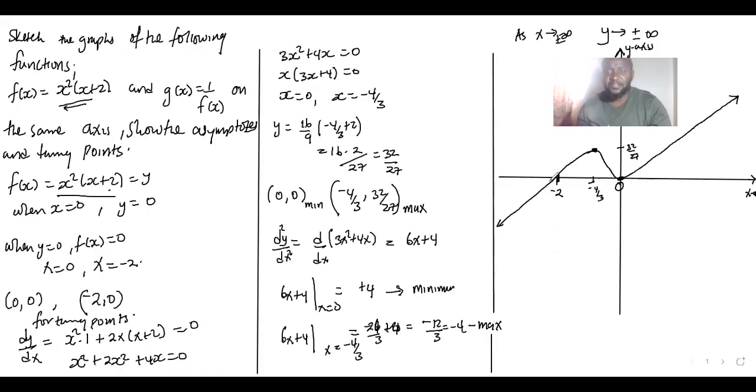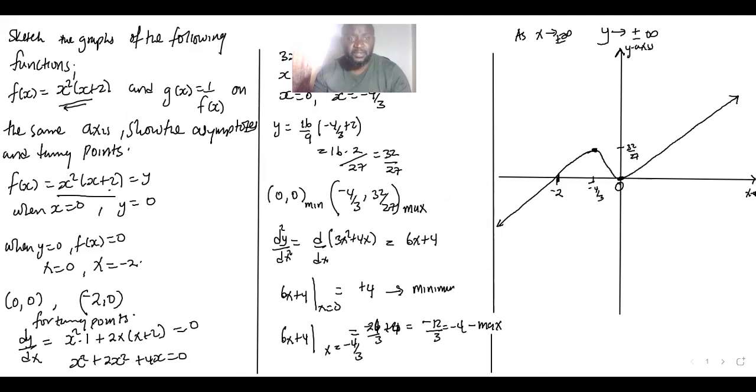Going back to the graph, first of all, we have identified asymptotes as x is 0 itself is an asymptote. So if x is 0 is an asymptote, I can sketch it here like this. Let me attach a line here.